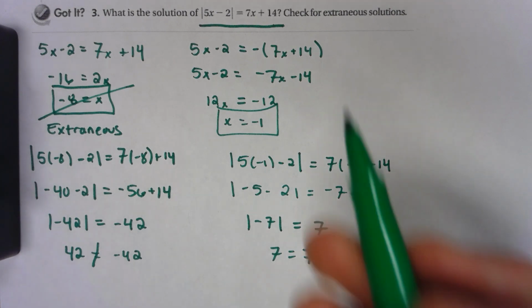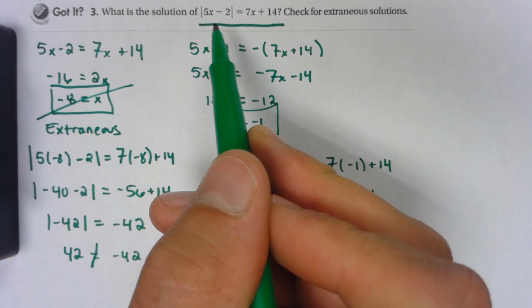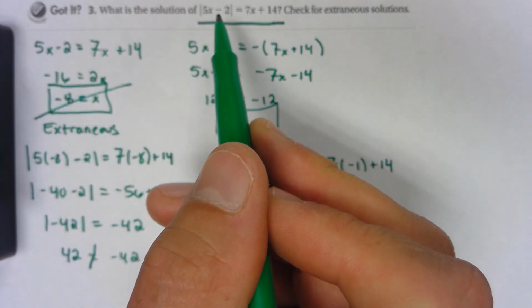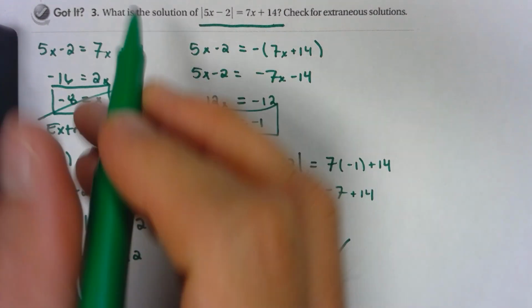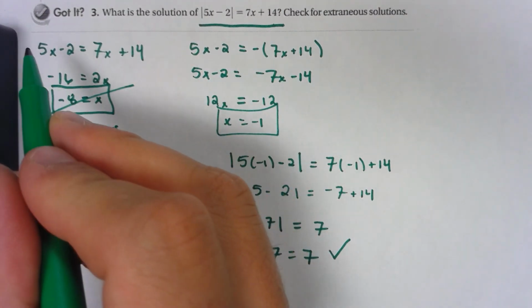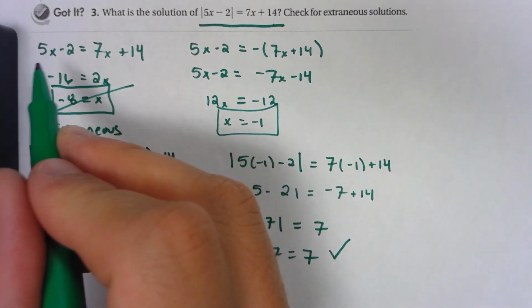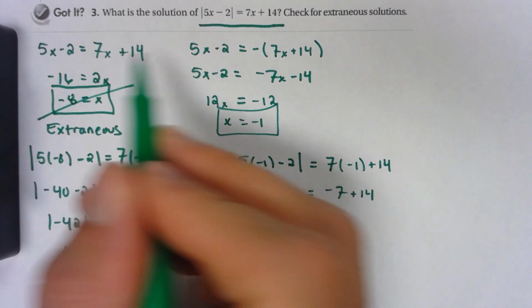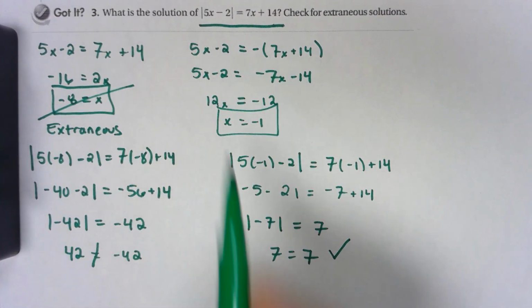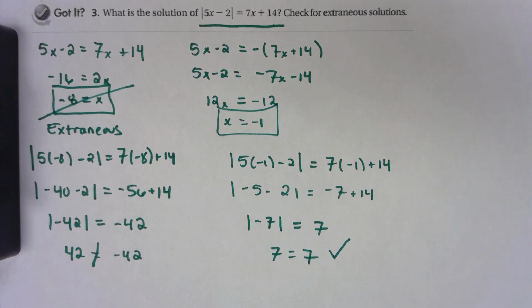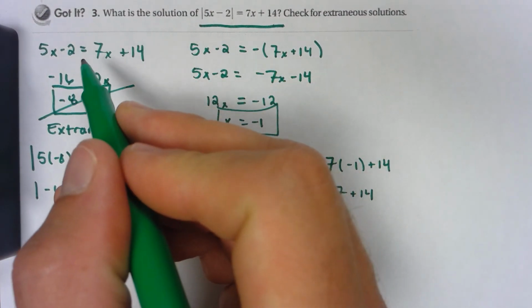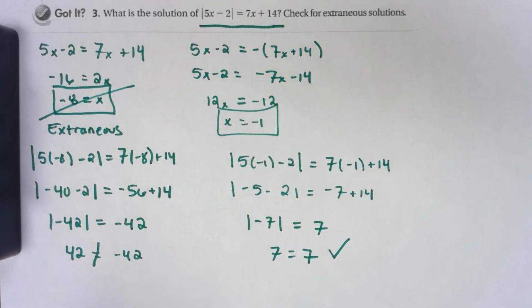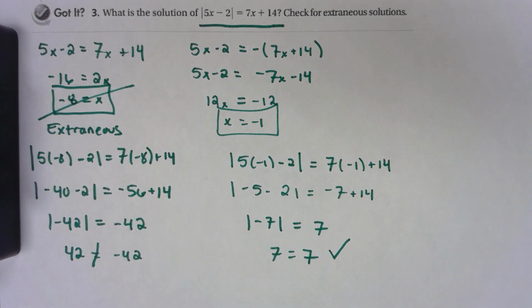When you do this first step, after you isolate the absolute value term, you're going to go ahead and drop the absolute value brackets. Notice how when I make my two equations here, there aren't any absolute value brackets around the 5x minus 2 anymore. If you leave the absolute value brackets in there, it just gets confusing. So we isolate the absolute value term, then we set the absolute value term equal to the positive and negative version of that other side.